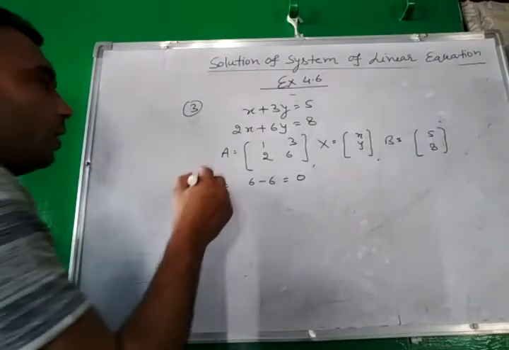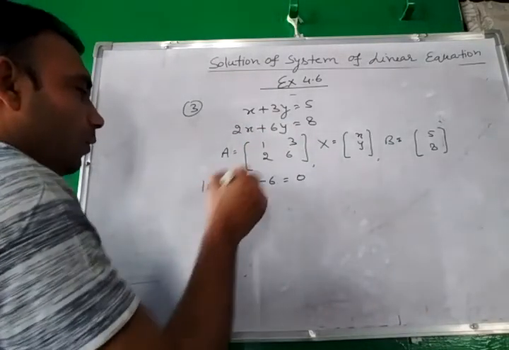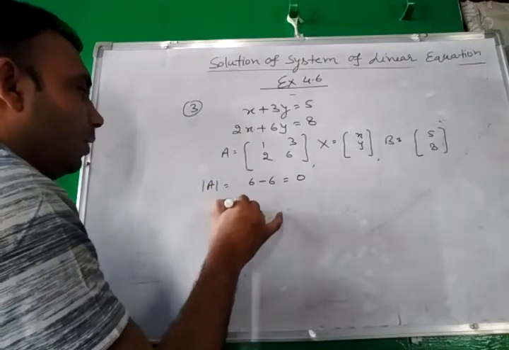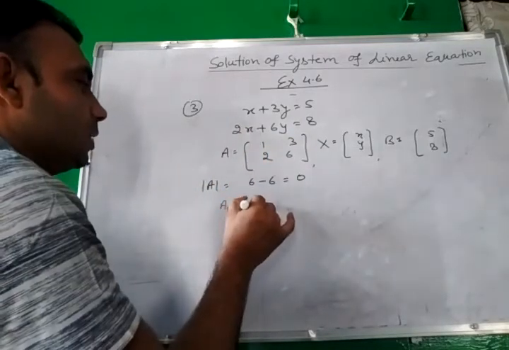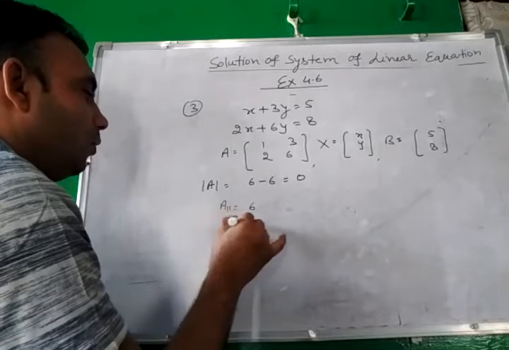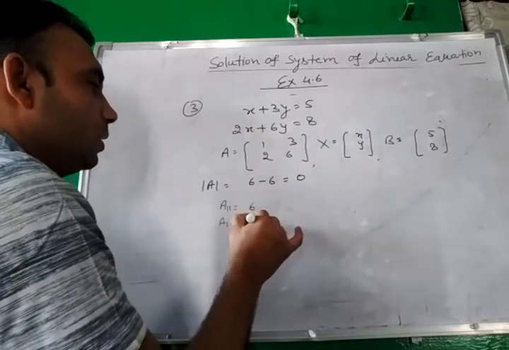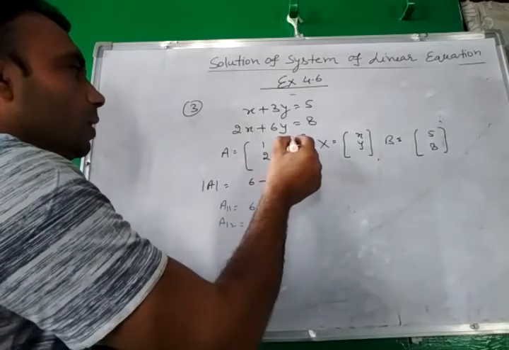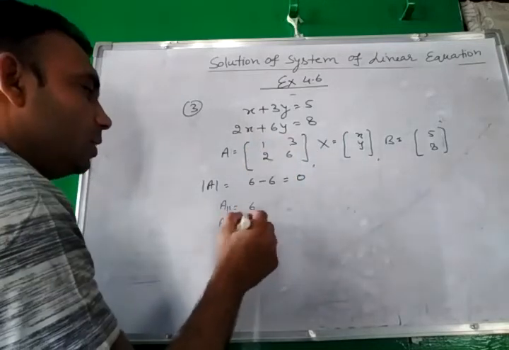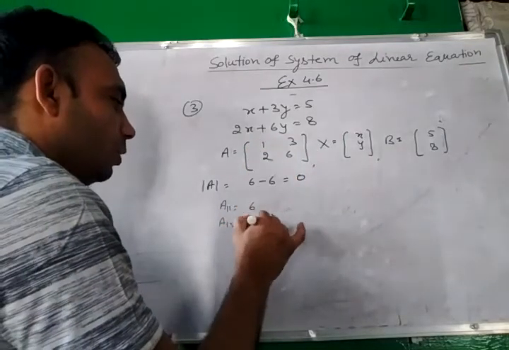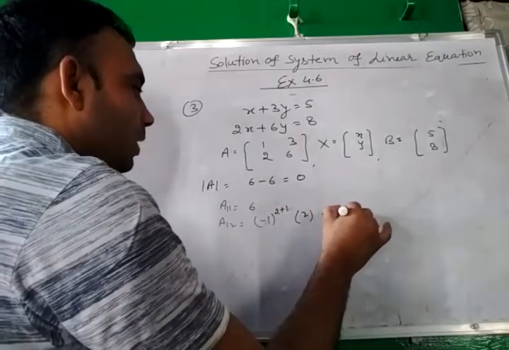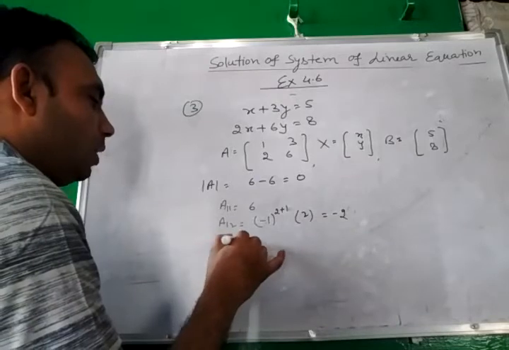Then for adjoint of A we will find the cofactors. Cofactor A11 implies 6. A12 implies minus 2: leaving this row and column, we get 1, 2, and minus 1 to the power 2 plus 1 into 2 implies minus 2.